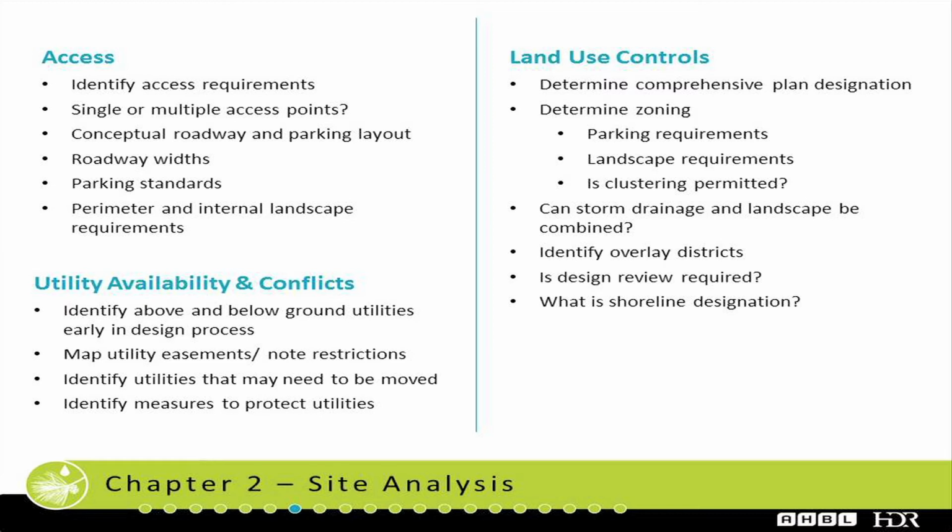And then perimeter and internal landscape requirements, very, very important. Most communities do allow the landscape standards that might be applied, for example, in parking lots to also count for required landscaping, and that's something that we would try to encourage.